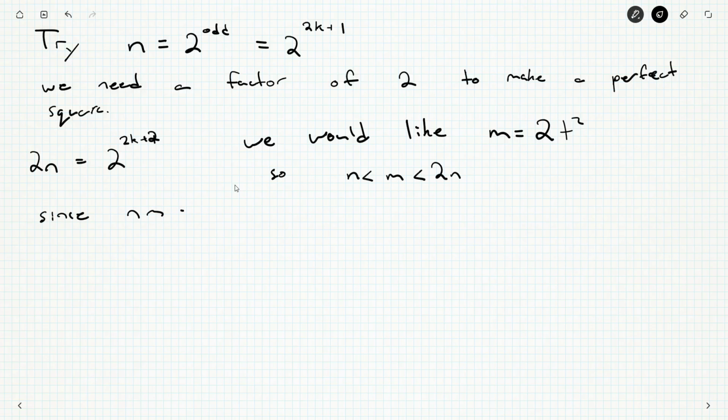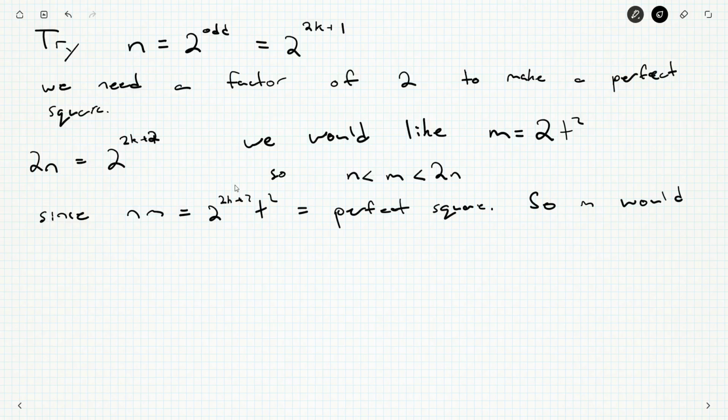Since nm would be 2 to the 2k plus 2 times t squared, which is a perfect square. So m would be Murray-like for n.